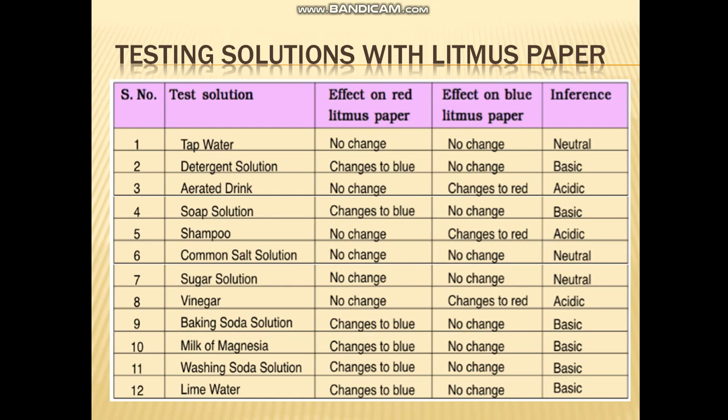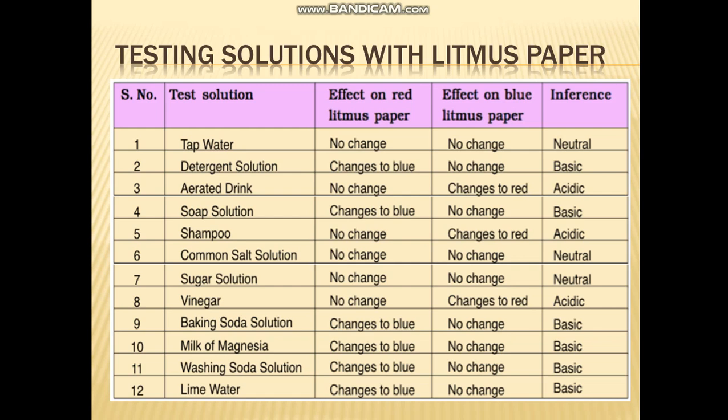With detergent, it changes to blue, so it is basic. Depending on the litmus paper, we can say whether it is acidic, basic or neutral. If you take soap solution, it changes to blue, and if it is shampoo, no change.